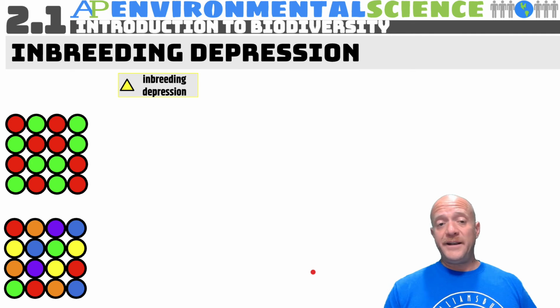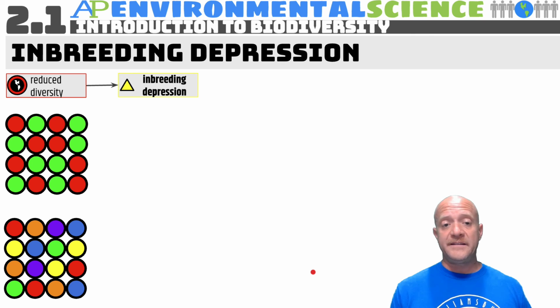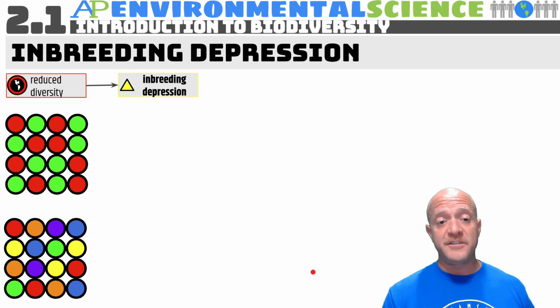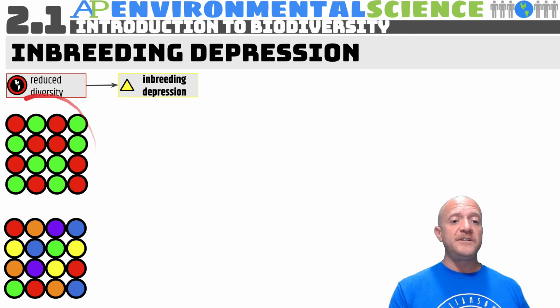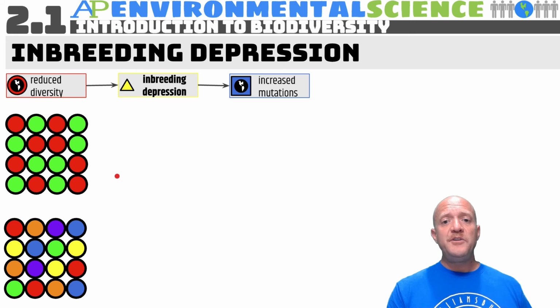You may have inbreeding depression. And inbreeding depression is when you have reduced diversity. So different organisms are going to be breeding with other organisms within their species. So if you have lower diversity, like is the case in the top, you may have more mutations when there is inbreeding depression.